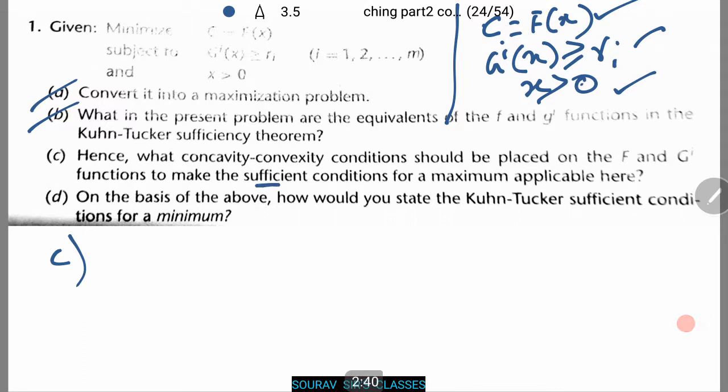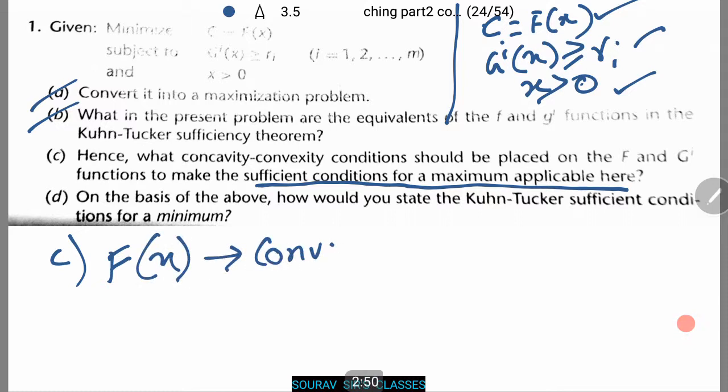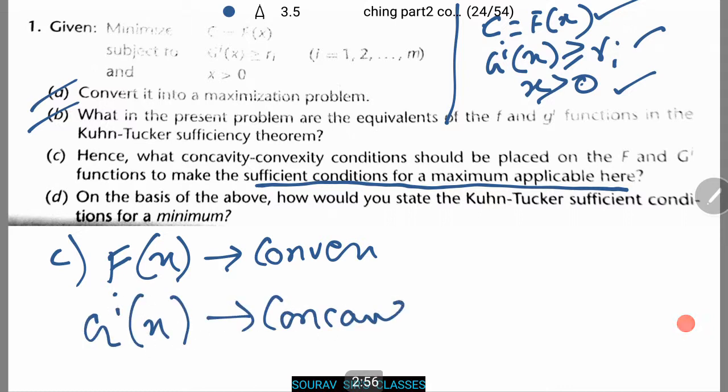We have to find the sufficient conditions for a maximum applicable here. For that, we need f(x) to be convex and g^i(x) to be concave, that is in the non-negative orthant.